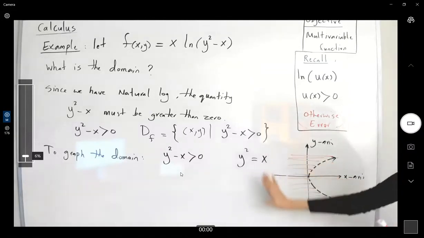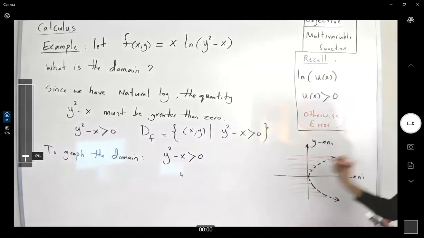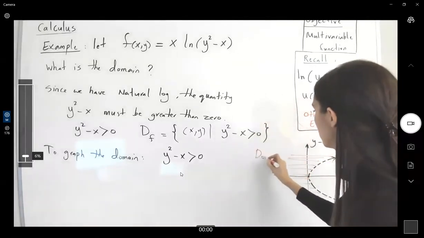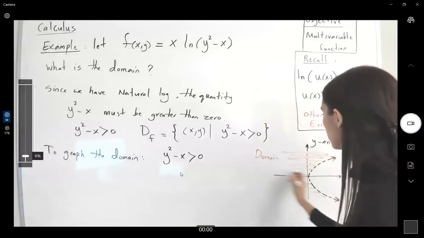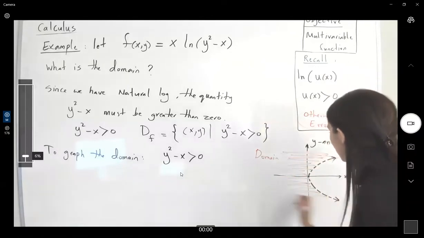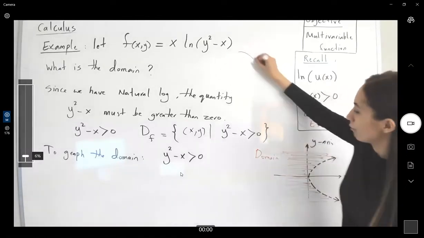So this is the domain of this function. All this red region is going to be the domain of this function.